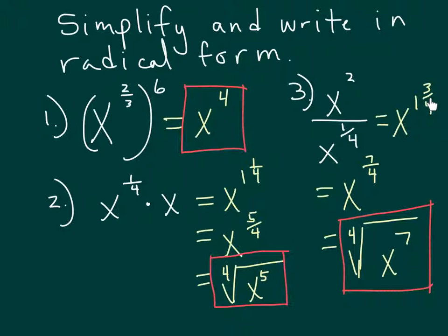We want to make it into a fraction. So 1 is 4 divided by 4 plus 3/4 gives us 7/4. So x to the 7/4. And when we put it in radical form, we have the 4th root of x to the 7th. And that's exponents using rational exponents.